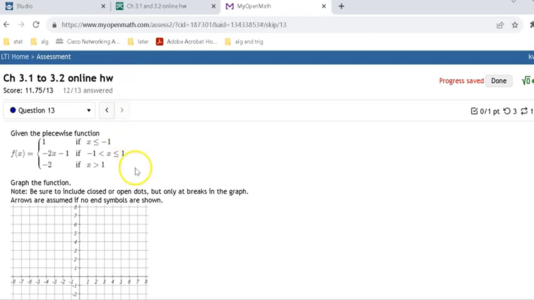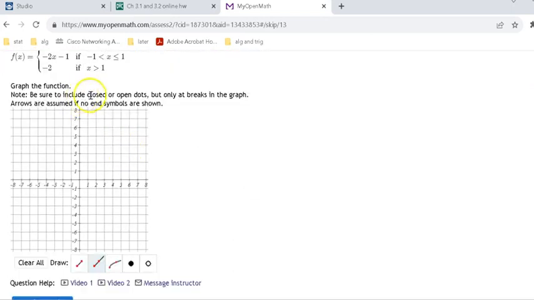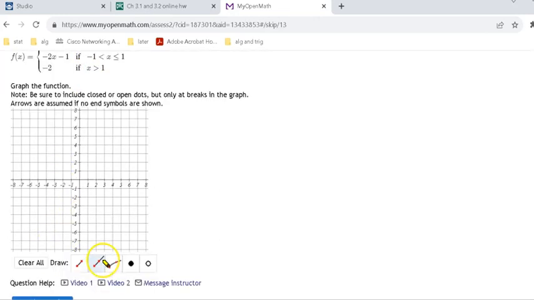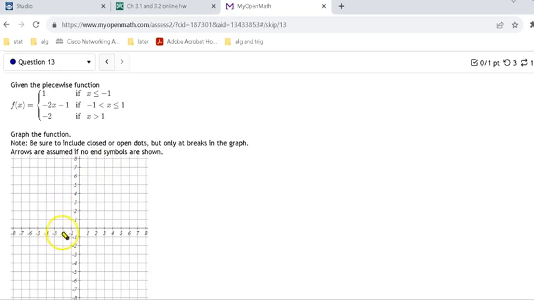Okay. Now we have to graph three pieces. One is when x is less than negative 1, it's always 1. So because it goes from one side to the end, you pick this line segment, and then it starts from x less than negative 1 and goes all the way, and the y value is just like this.